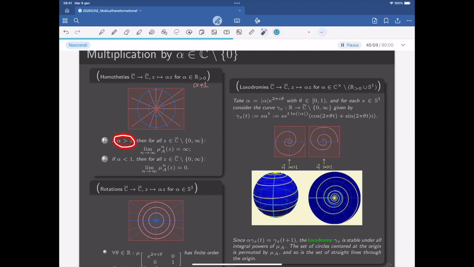In case alpha is greater than 1, infinity is an attractor of all the iterations, and from this one can also see that when n goes to minus infinity, I approach 0, which means that 0 is a repeller if alpha is greater than 1. And the other way around if alpha is less than 1.